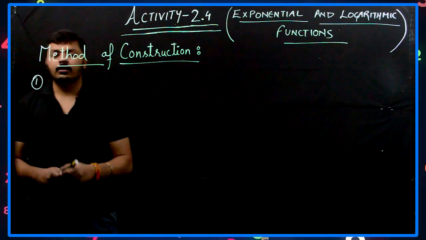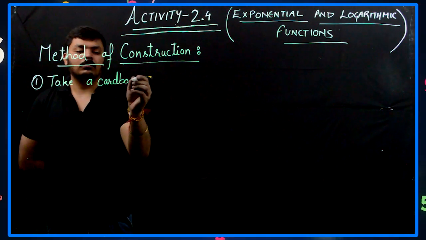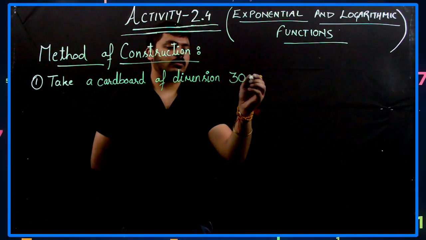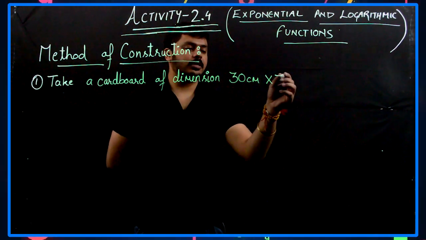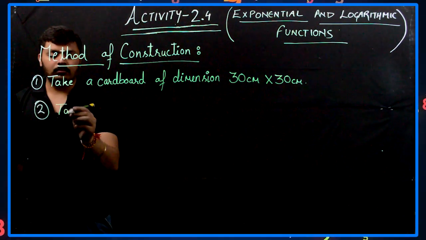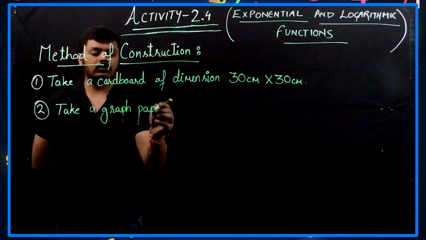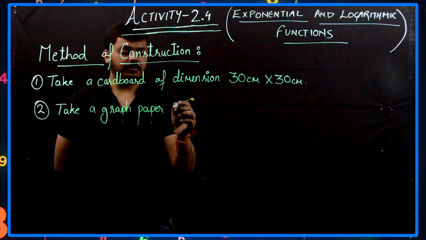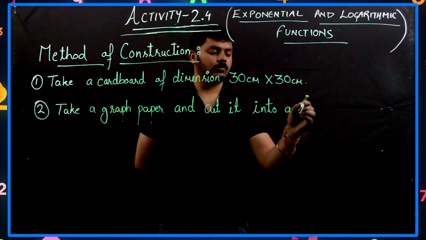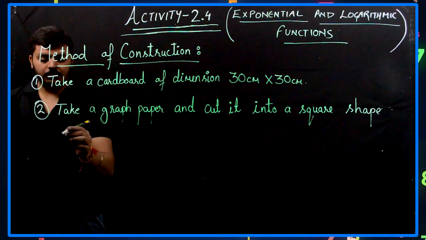Step 1. Take a cardboard of dimension 30 cm by 30 cm. Step 2. Take a graph paper and cut it into a square shape, and paste it on the cardboard.